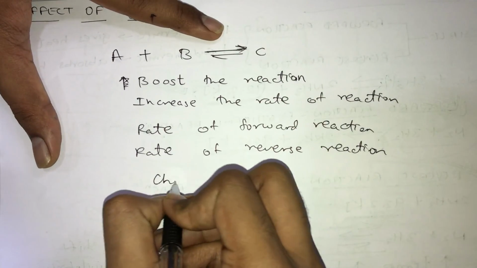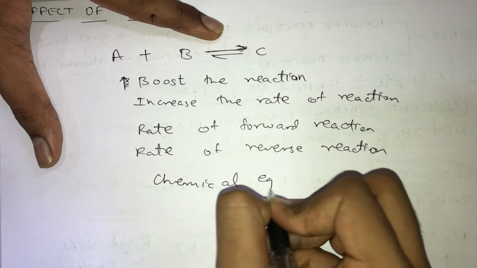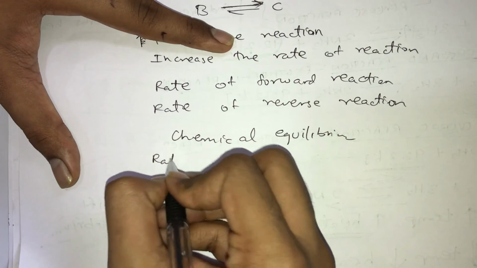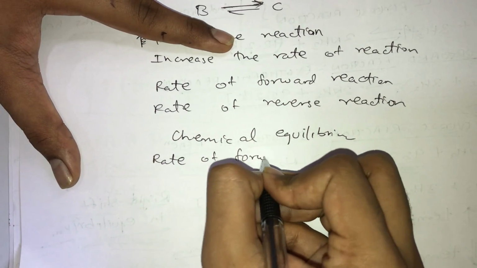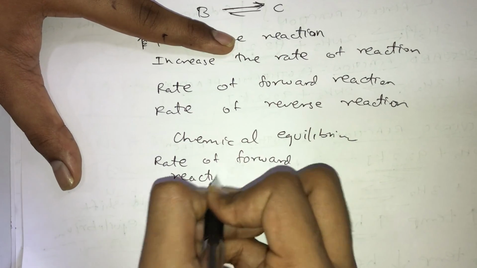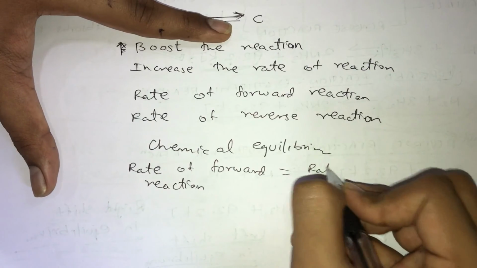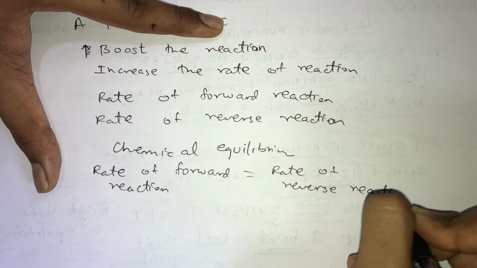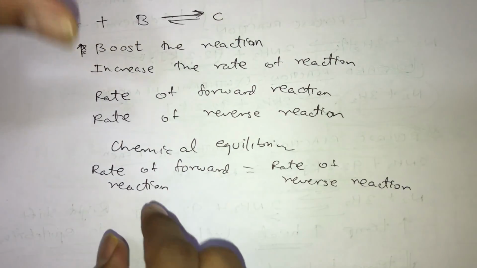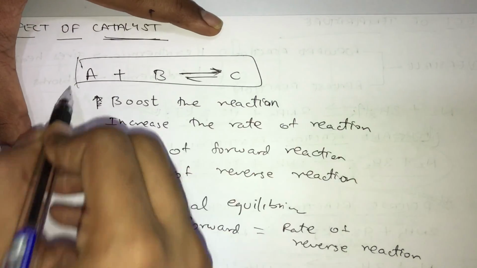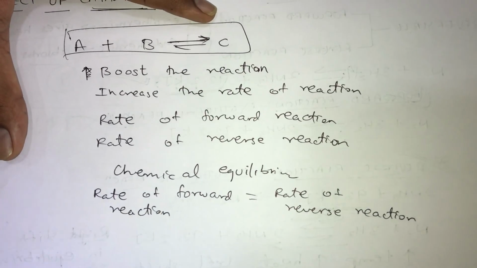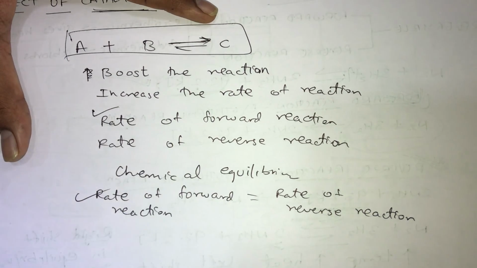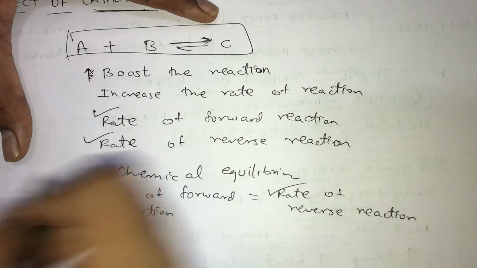And now, what is chemical equilibrium? A chemical equilibrium is nothing but a condition where the rate of forward reaction is equal to the rate of reverse reaction. Now, if the reaction is in a chemical equilibrium state, and if you add a catalyst to it, then the catalyst is going to increase the rate of forward reaction, and it is also going to increase the rate of reverse reaction.